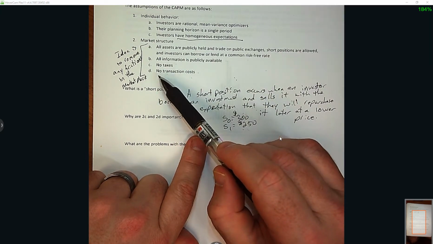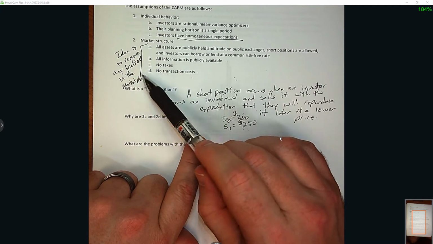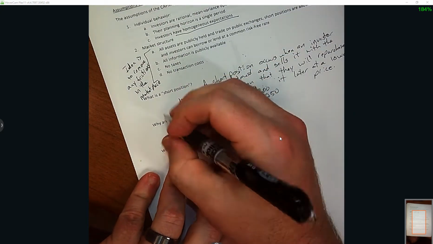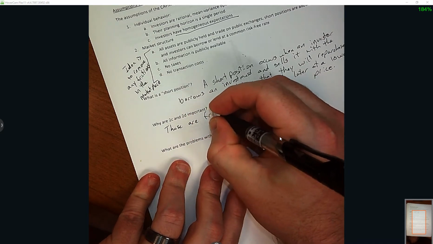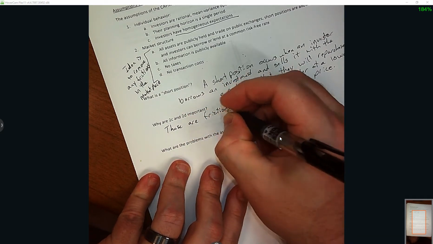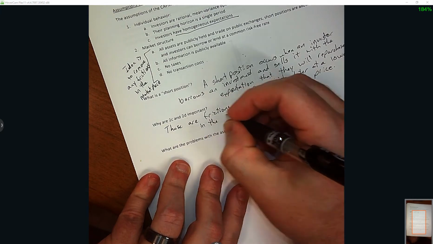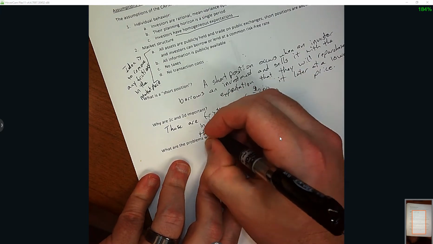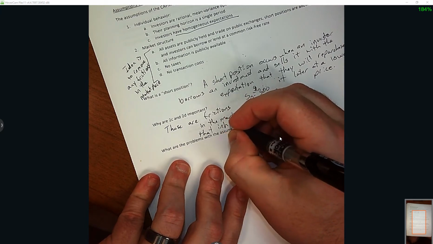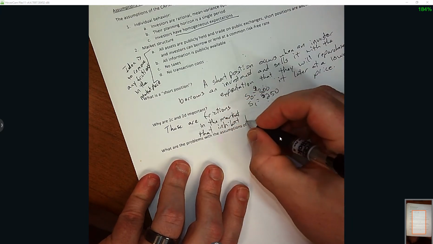Why are 2C and 2D important? No transaction costs and no taxes. And the idea is that these are frictions in the market that inhibit trading.